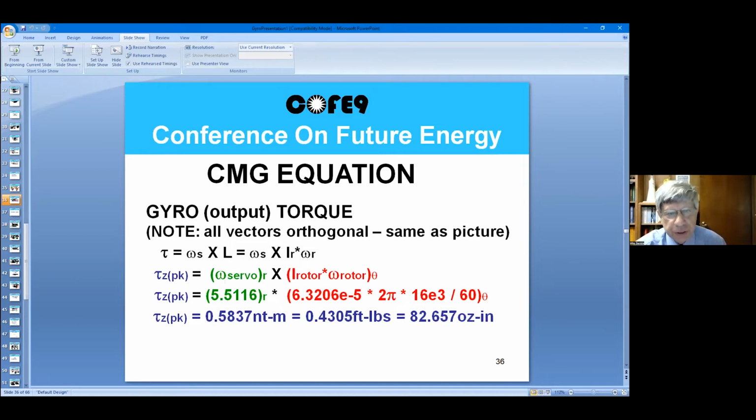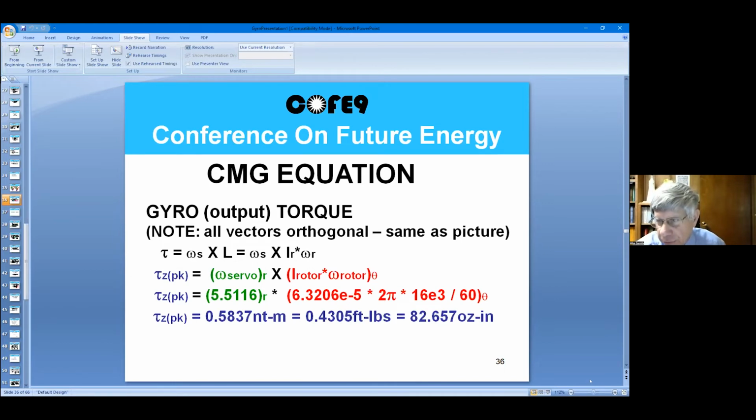This is peak torque, and your servo speed is 5.516, and your rotor inertia, which we previously calculated, is 6.32 e to the minus 5, and the speed is 16,000 revs divided by 60 for hertz times 2 pi to get omega. And the output comes out to be 0.5837 Newton meters, or 0.4305 foot-pounds, or 82.657 ounce-inches. That's the peak for each gyro.